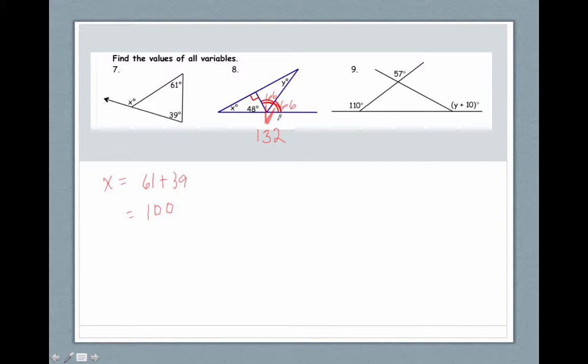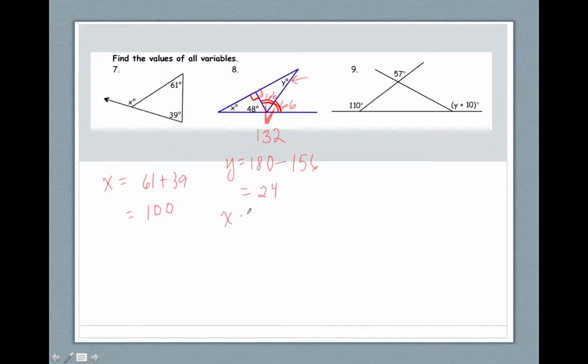Okay, so this one's 90. So 90 and 66, these two together add up to 156, leaving y to be 180 minus 156, which equals 24.